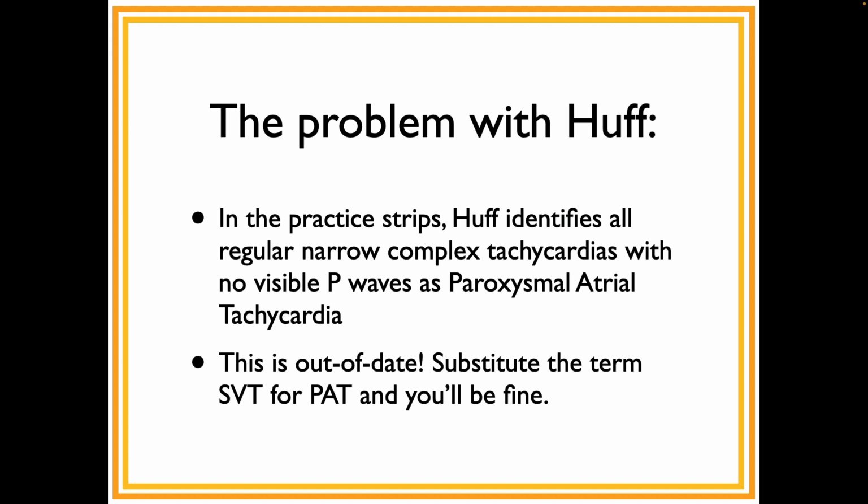It's the only SVT that she uses for SVT. And it makes no sense for multiple reasons. Number one, atrial tach is the most rare, so why call all of them that? And the other thing is, it's out of date. Even nowadays, if you were to say atrial tach, it's usually ectopic atrial tach. PAT is a really old term, so I don't know why it's in all the new editions. I know why it's in the old editions.